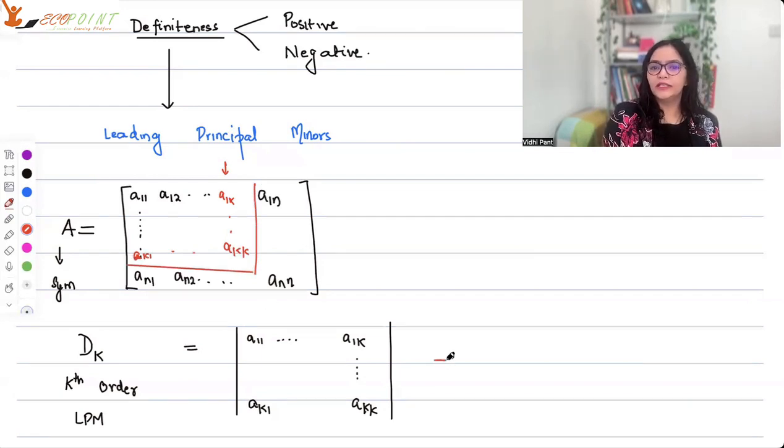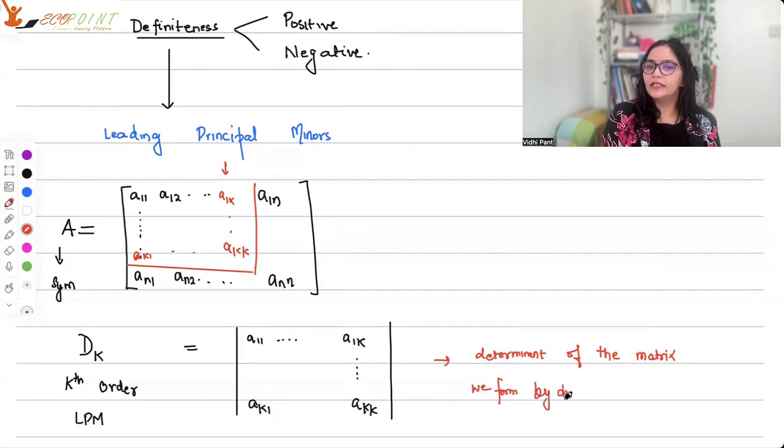Dk is the determinant of the matrix we form by deleting the last n minus k rows and columns.